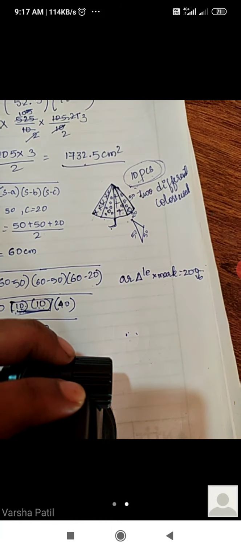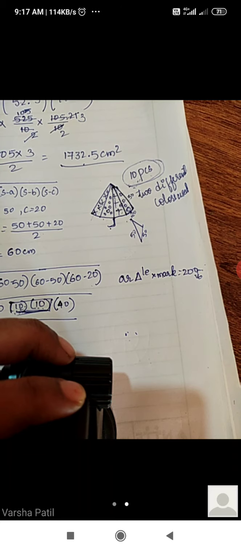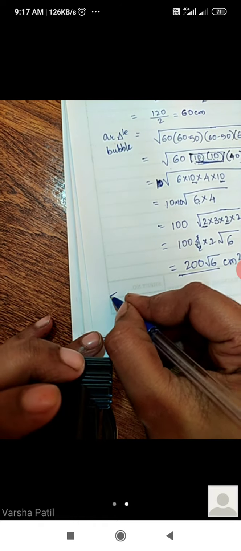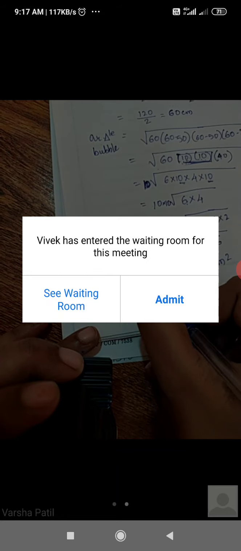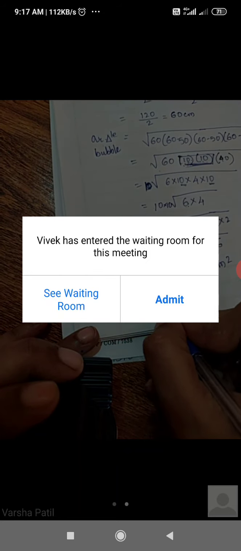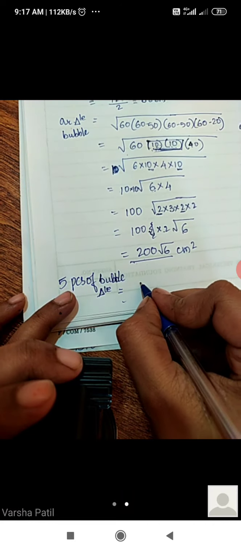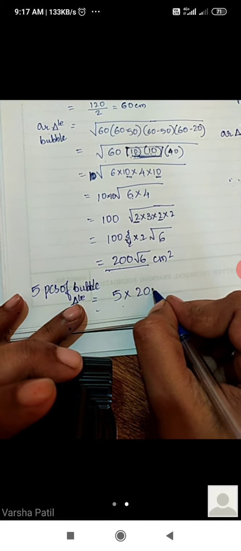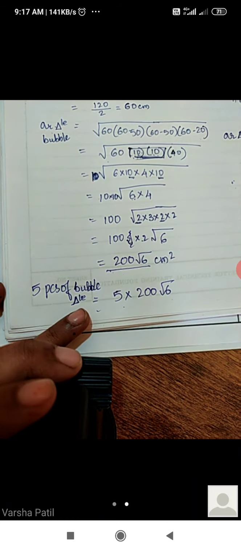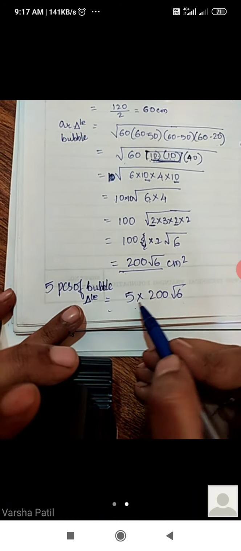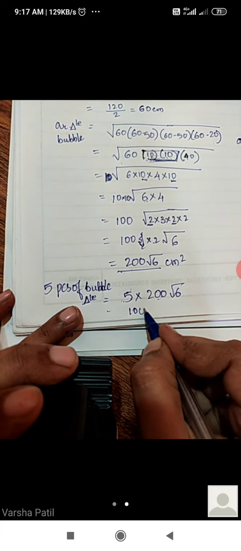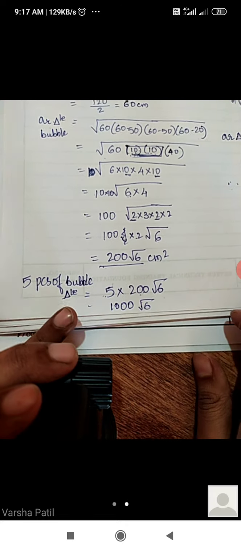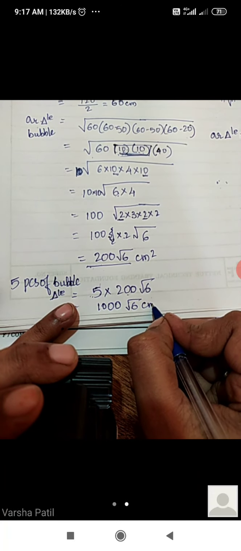Then the area of 5 bubble triangles is 5 into 200 root 6, which is 1000 root 6 centimeter square.